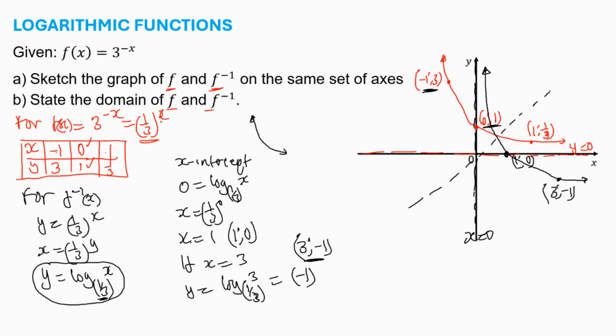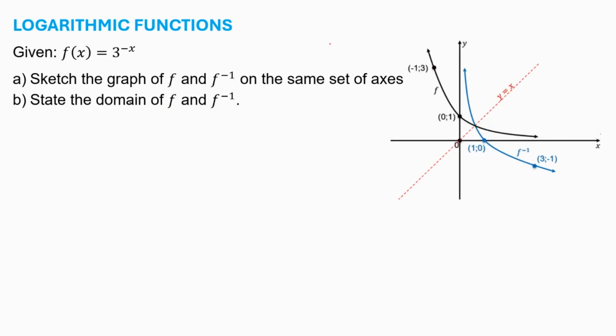Now let's answer the last part. State the domain of f and the inverse of f. The domain for f of x, right? F of x is this graph. The domain x is an element of real numbers, or you can say x is from negative infinity to infinity, right?